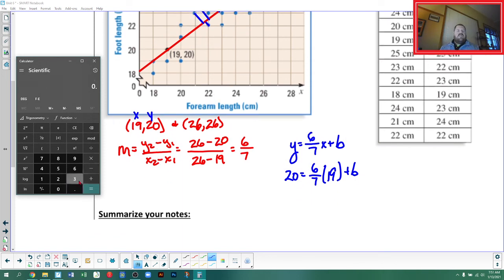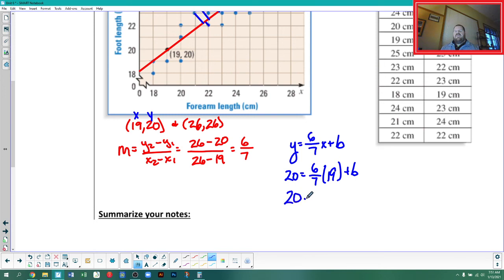So I'm actually going to turn 6/7 into a decimal as well. That's going to be 0.857. So really what I did is I turned this into 0.857 times 19 plus b.